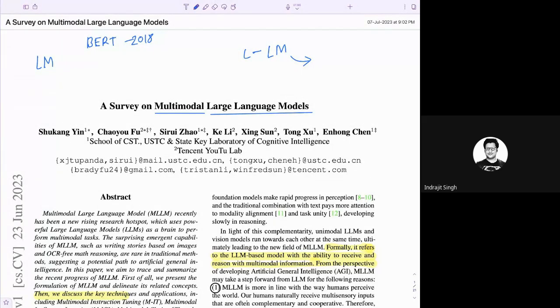So this BERT, which is a language model, has been trained with a huge amount of text or corpus, right? And it is built on that corpus.